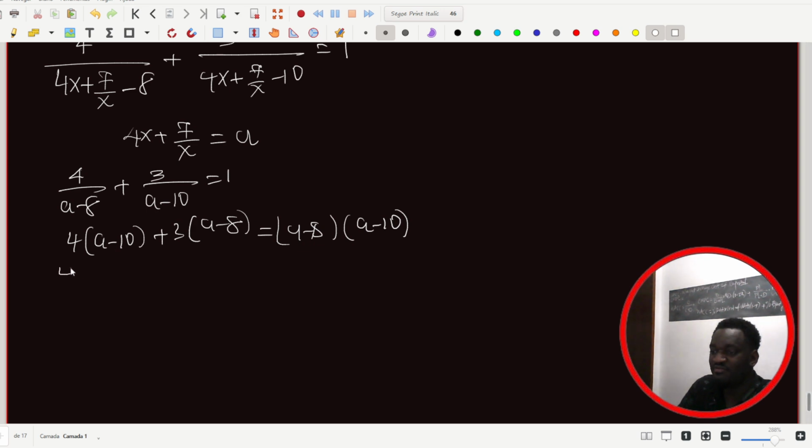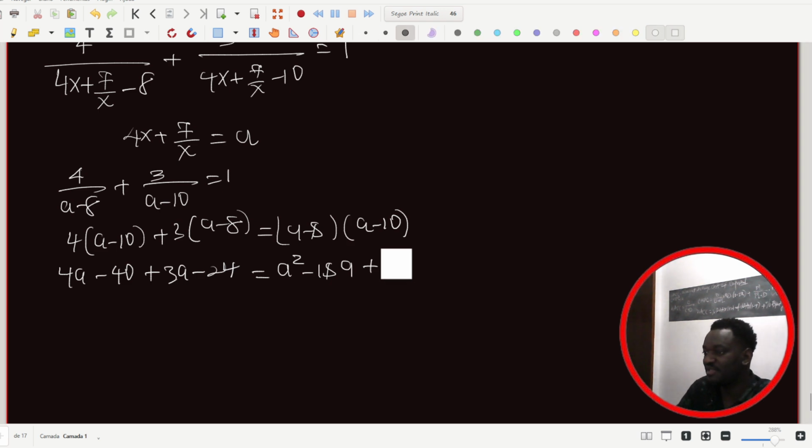So we're going to have 4a minus 40 here, plus 3a minus 24, right? And then this equals a squared. This one is minus 10a minus 8a, so we're going to have minus 18a, right? And then plus 80. Let me write this 80 properly here.